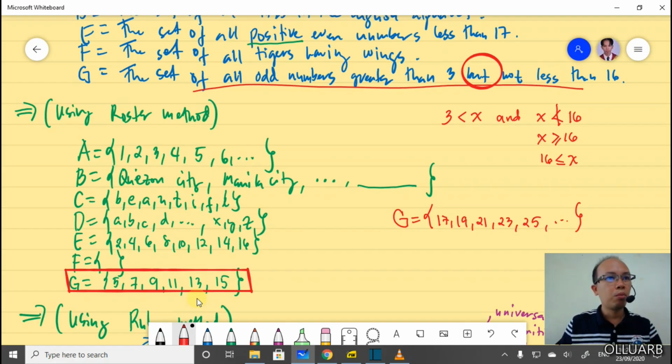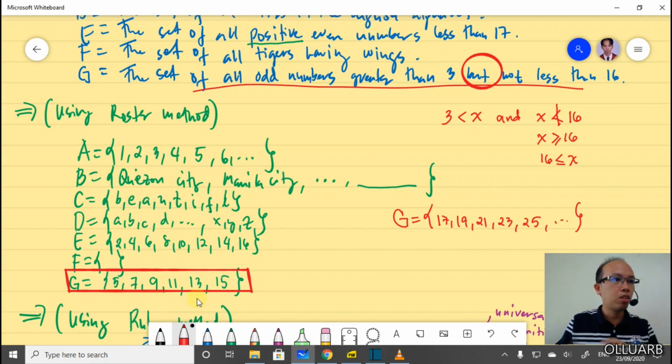Initially my thought is that I should not put the word "and" in this sentence, but anyway, since I already wrote it, we have to solve this problem. So actually this is a correction to this set G.